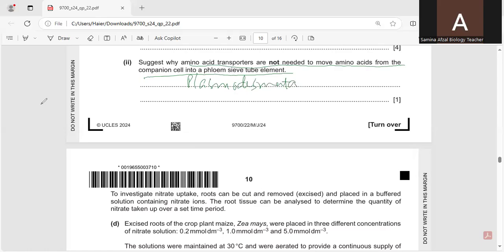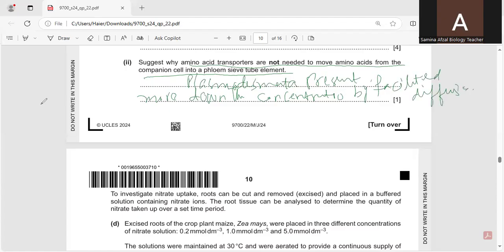They make a connection between the two cells, due to which the movement is down the concentration gradient. Simply we can say facilitated diffusion takes place, so there is no need for transporters for this purpose.